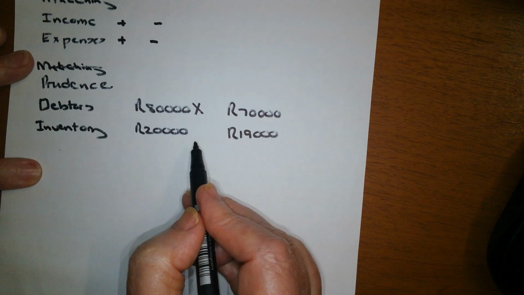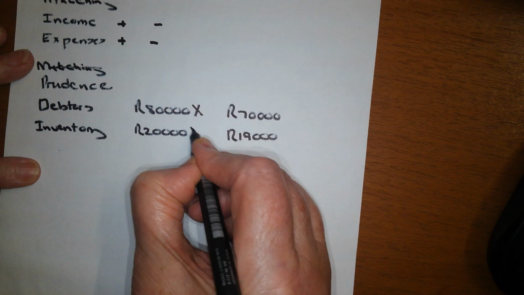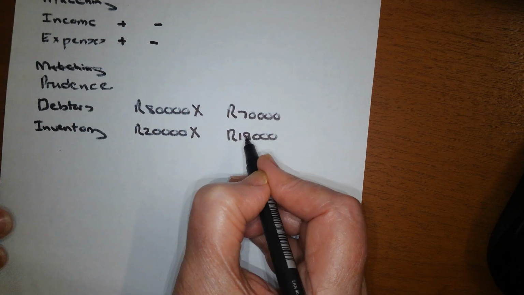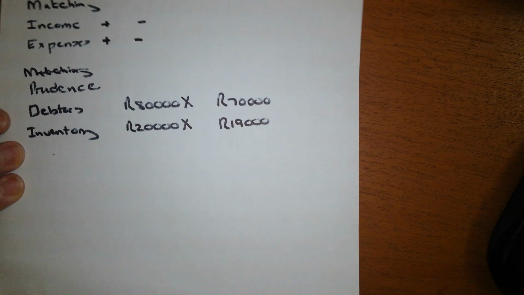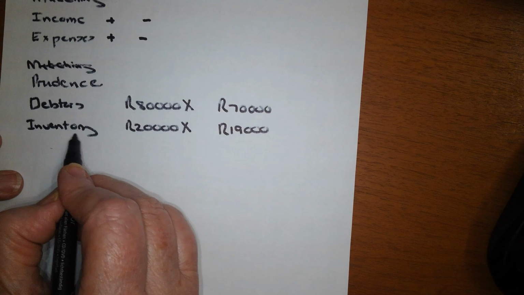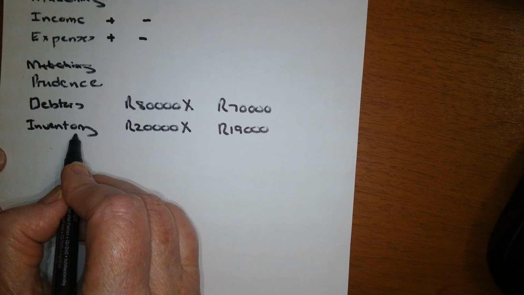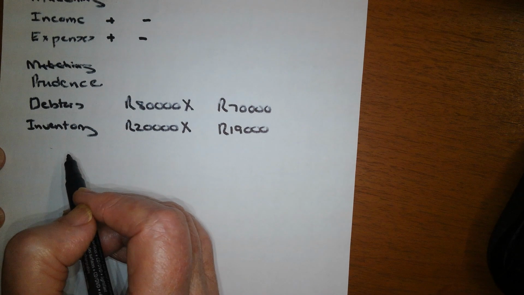What will the inflow be in the future? The 19,000. So it means I'm going to show it in my balance sheet as 19,000, and I'm going to say this is the amount that I will get in the future. So I will write off 1,000 rand in my income statement and show that I've lost 1,000 rand on my inventory.